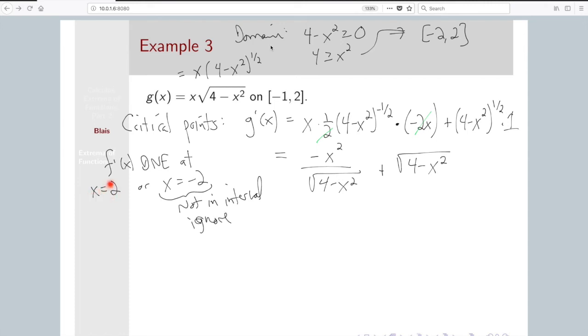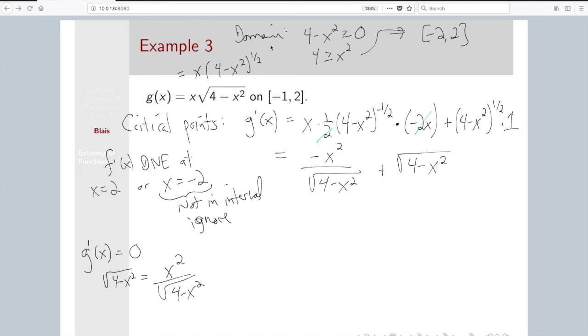X equals 2 is in our interval, but it's already an endpoint, so it'll be included. The other check for critical points is where g prime of x equals 0. So that's this expression being equal to 0, or root 4 minus x squared equals x squared over root 4 minus x squared.